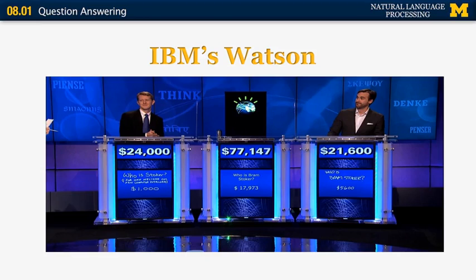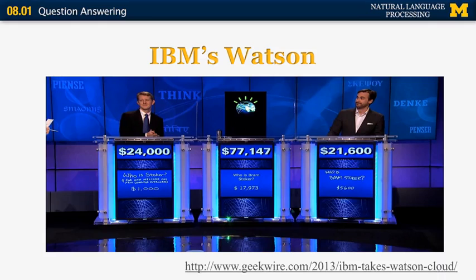Watson is not really embodied here at all. It's just represented by its avatar, which is the logo with a globe and the form of some sort of a light bulb. And as you can see from the snapshot, after the final question of this round of Jeopardy, Watson was ahead by a huge margin, $77,000, compared to the two humans who were way, way behind.